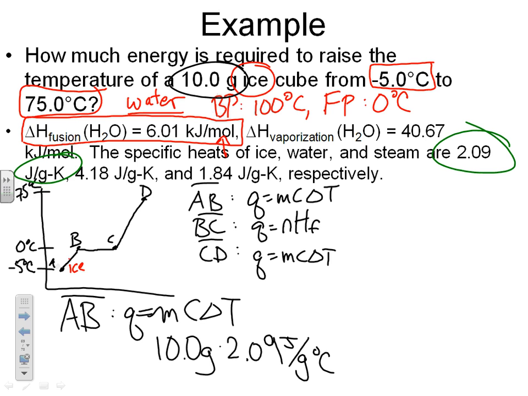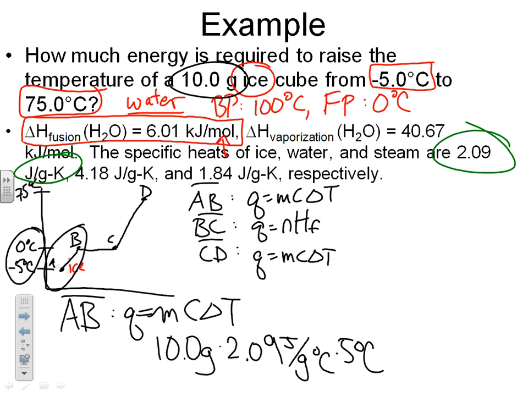value for specific heat. And yes, I am substituting out degrees Celsius here because this is based on changes in temperature, and a 10-degree change in Kelvin is the same as a 10-degree change in Celsius because of how the conversion works. And then we have to multiply it by the change in temperature. Between A and B, the change in temperature is 5 degrees Celsius.